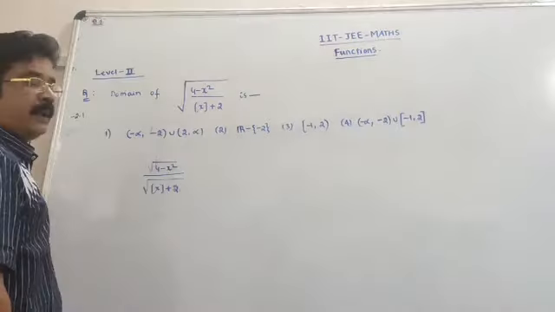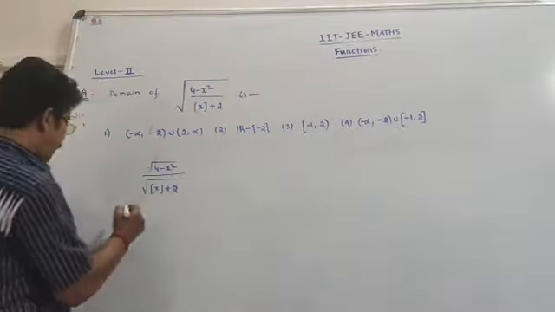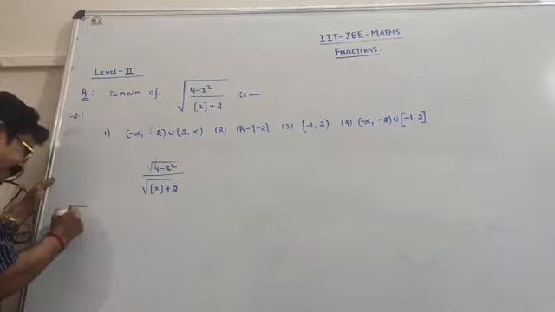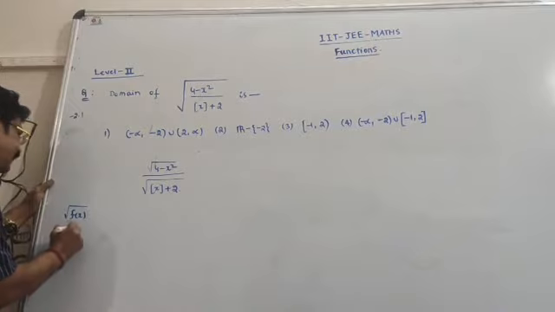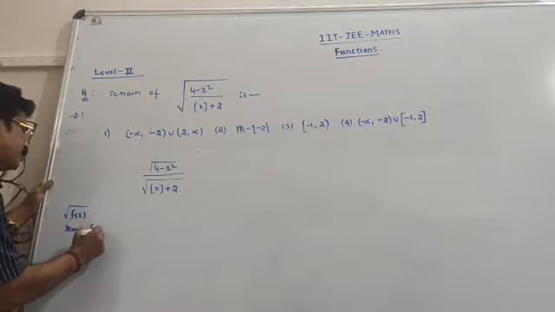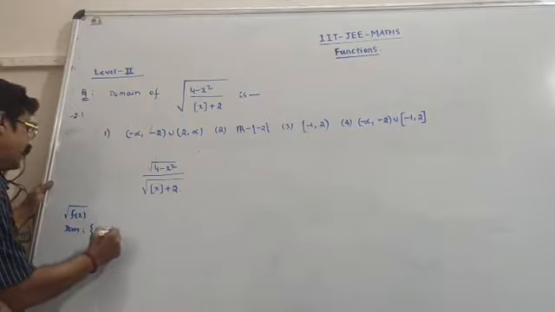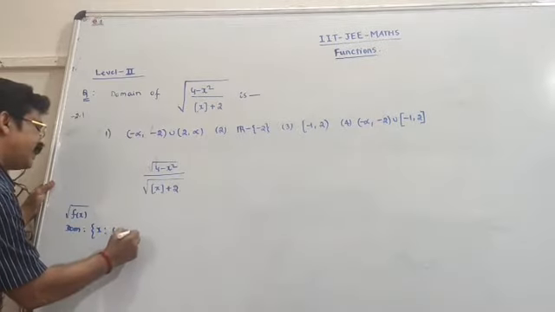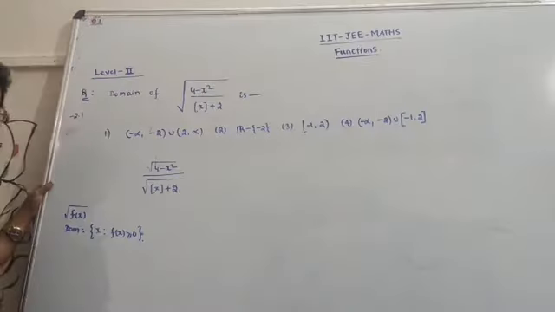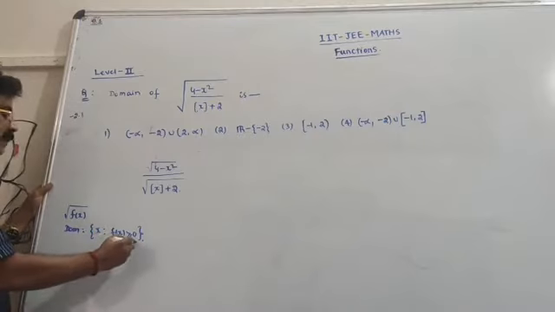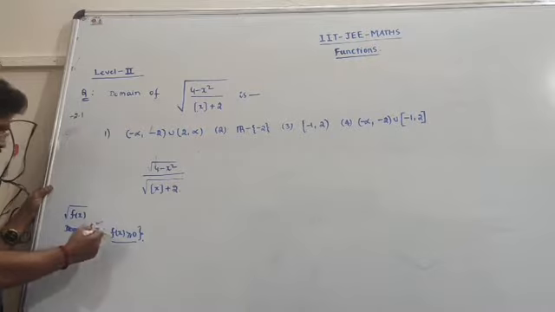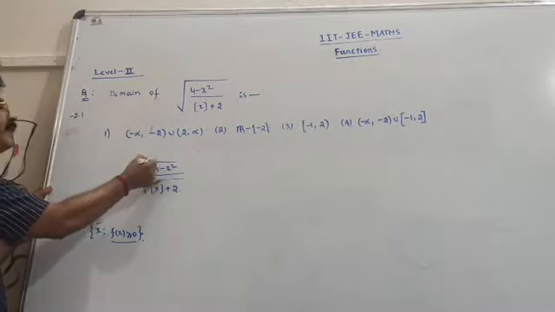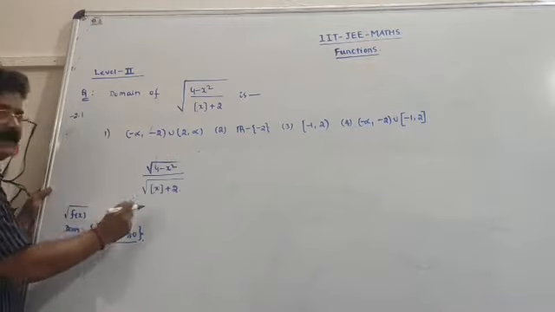Here, if the given function is root of f of x, then the domain is the values of x for which f of x should be greater than or equal to 0. Put f of x greater than or equal to 0 and find the values of x. Then for those values of x, the root of f of x is defined. Already we know this formula.